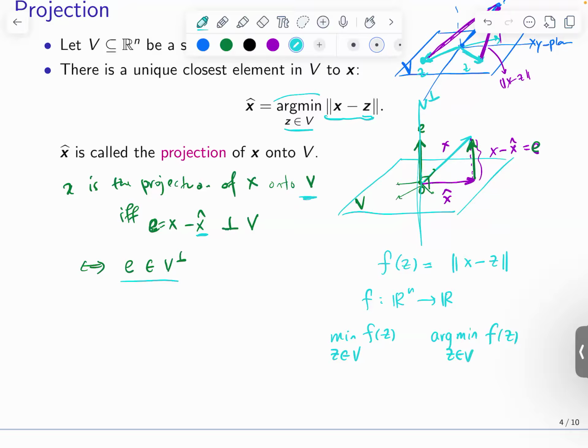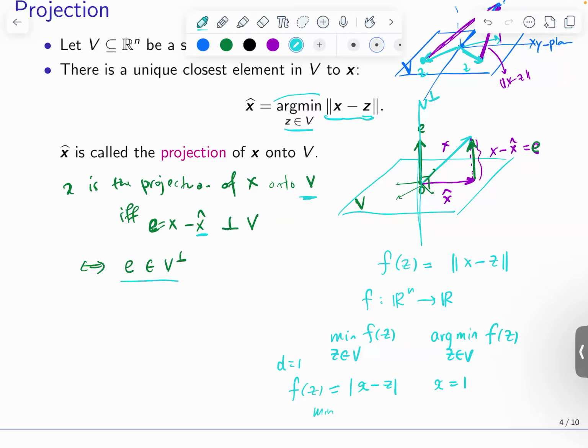So for example, in one dimension, f(z) would be the absolute value of x minus z, and let's say x happens to be 1.